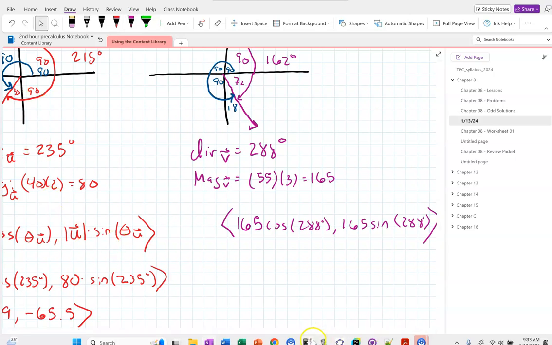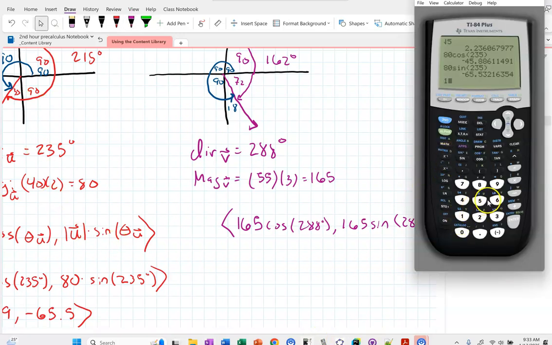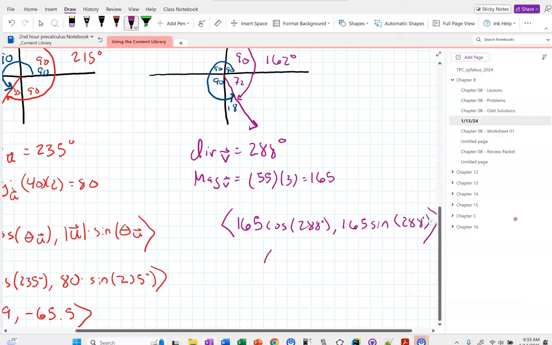And then go to my calculator once again. So I have, let's say, 51.0 and then negative 156.9.